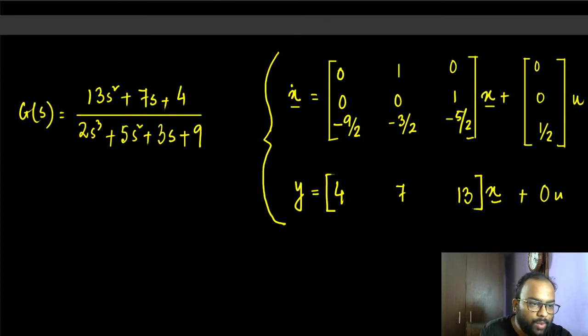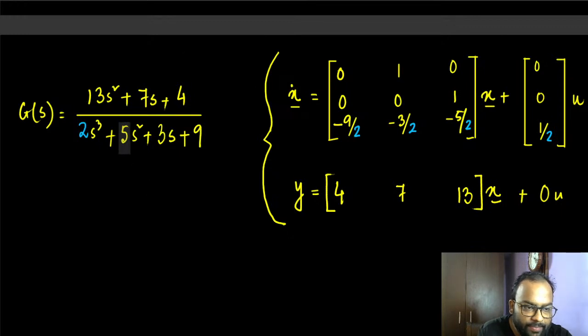Now, if you want to look at a particular pattern, you see there is a 2 here, and that 2 appears everywhere like this. Is that 2? Is that 2? So the point being, you should be able to look at a transfer function model and construct the state space model right away without going through much hassle.